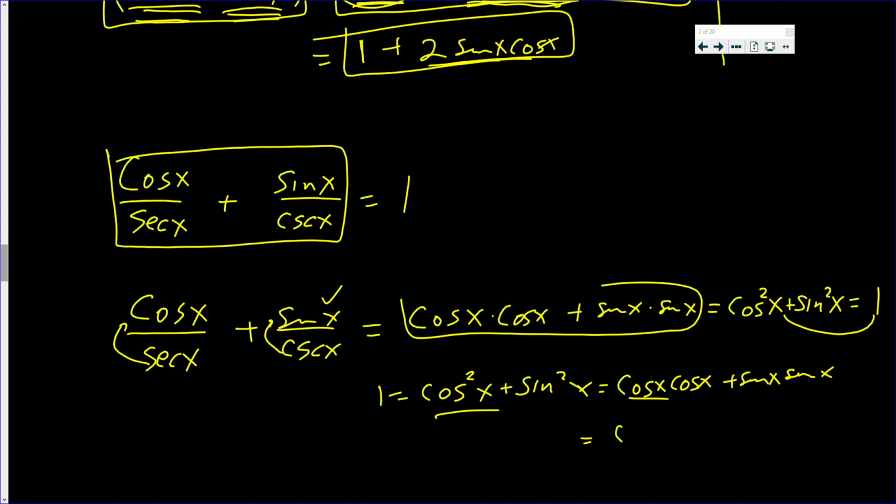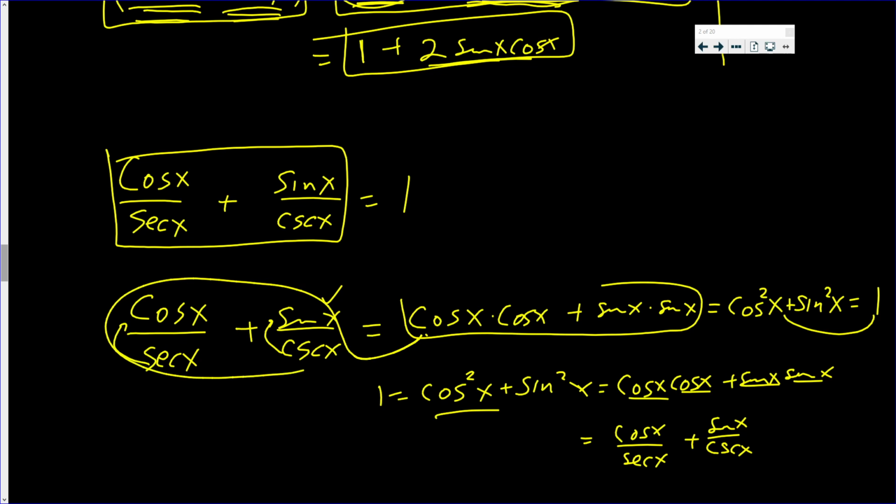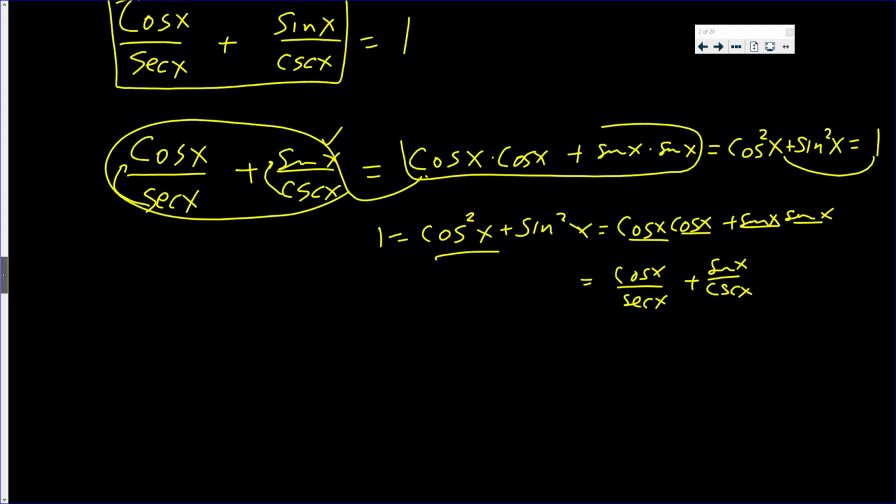And this cosine x can stay in the top, and that cosine x can go in the bottom as secant x, plus that sine x can stay in the top, and this sine x can go in the bottom as cosecant x. But that's exactly from here to there. Okay? Don't start with 1. I'm just showing that you could.